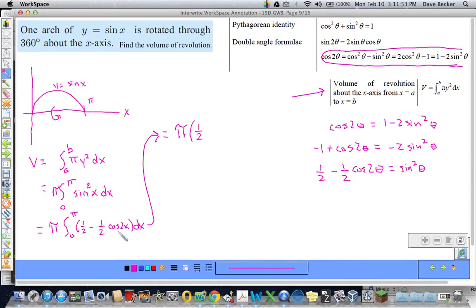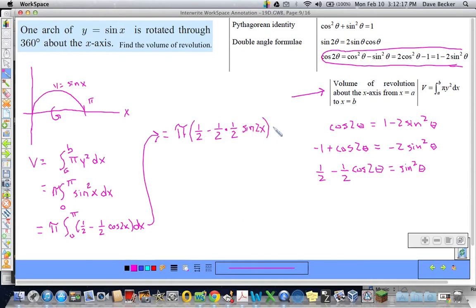And we have a cosine of ax plus b situation. So minus 1/2 multiplied by 1 over a. My a is 2, so that's times 1/2. And then I integrate as usual. The integral of a cosine is sine, so that becomes sine 2x.